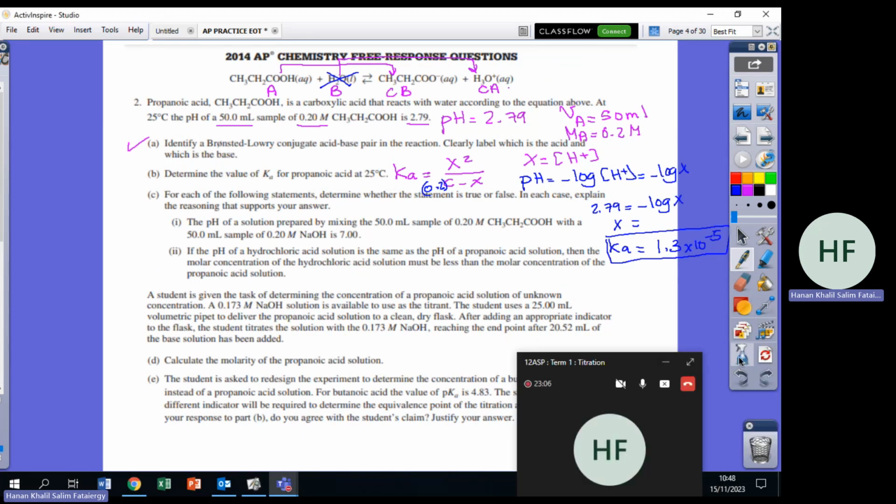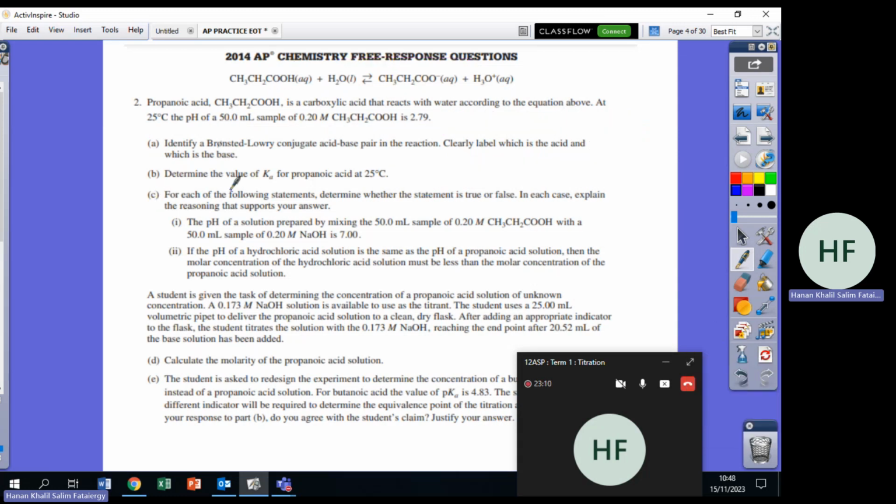Okay, now let me erase and do question C. For each of the following statements, determine whether the statement is true or false, and in each case explain. The pH of a solution prepared by mixing 40 milliliters of 0.2 molar of this acid with 50 milliliters of 0.2 molar NaOH is 7.